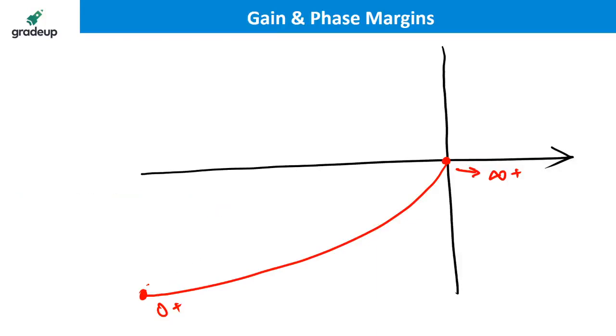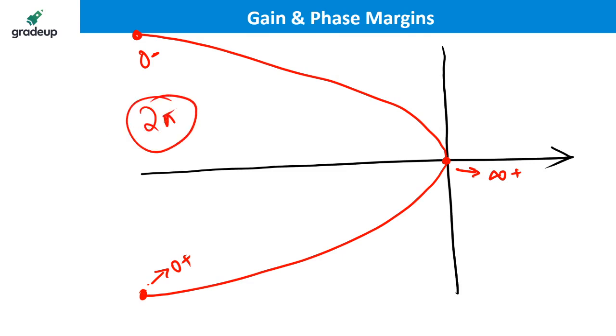That is why the phase is minus 180 degree. Second step, take the mirror image. So this is 0 minus. Okay. And join the 0 minus to the 0 plus through an angle of 2 pi, because the number of poles of GsHs at origin is 2 here. So rotate through an angle of 2 pi in the clockwise direction.